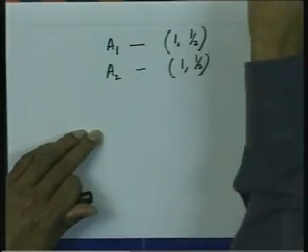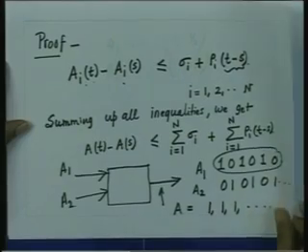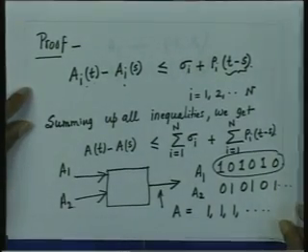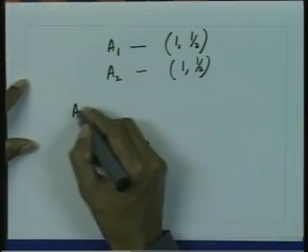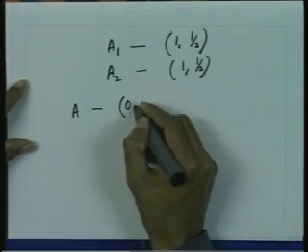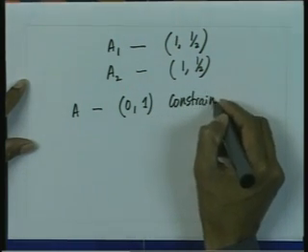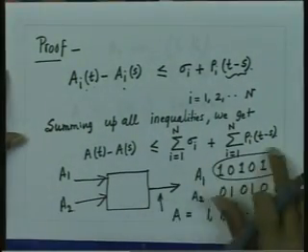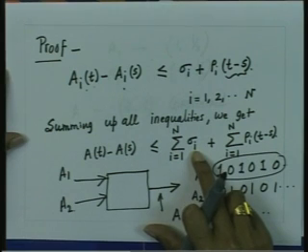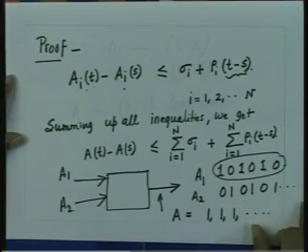But if you see the output traffic 1 1 1, how is it constrained? The output is actually a (0, 1) constraint. Now if you had applied the previous theorem, the output should have been the sum of sigma_i's, which would have been 2, and the sum of rho_i's, which would have been 1.